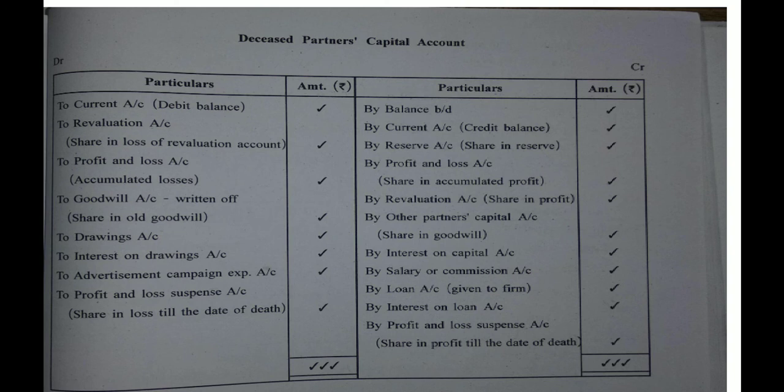Then by profit and loss suspense account, this is the share in profit till the date of death. Of course, I have explained this concept while I was explaining theory. On debit side it is loss till date of death, and on credit side it is profit till the date of death. Alright, so this is how deceased partner's capital account is to be prepared.